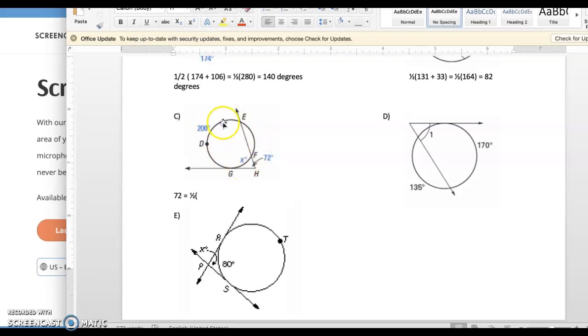So I know that we're going to be taking 1/2 of 200 minus X, and that would be equal to the 72 degrees.